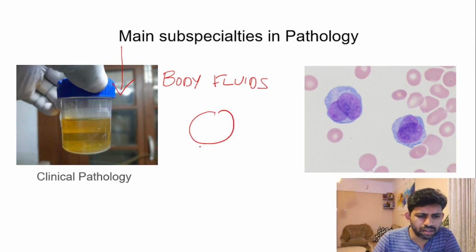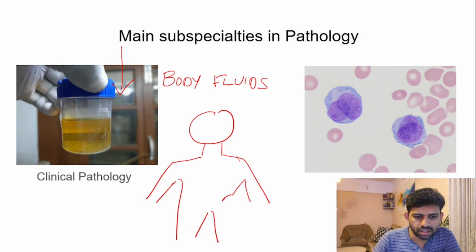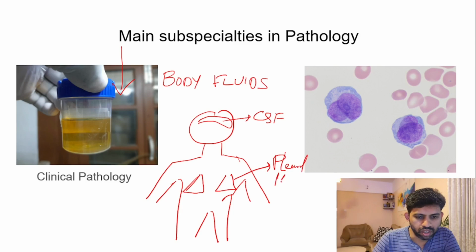So what all are the common body fluids which come to clinical pathology? Let's imagine this is a patient, poor drawing. Say one is CSF. Then we have lungs here with pleural cavity surrounding it. So pleural fluid.